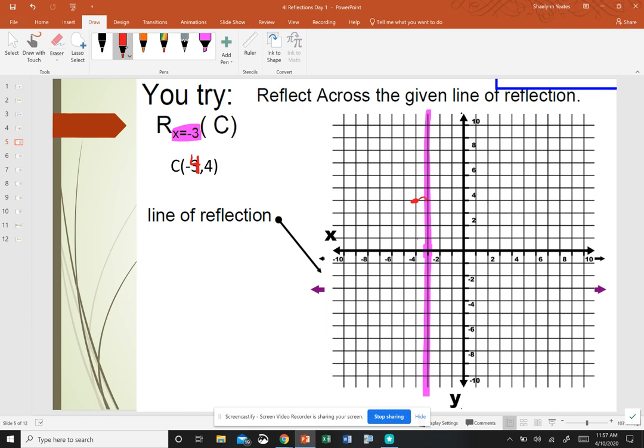So we're going to go, it's 1 away, and then 1 away. Perfect. You guys are amazing. So this was C. This is C prime. Okay, so then C prime is the point -2, +4. Because now we're only 1 away in the other direction from that line.